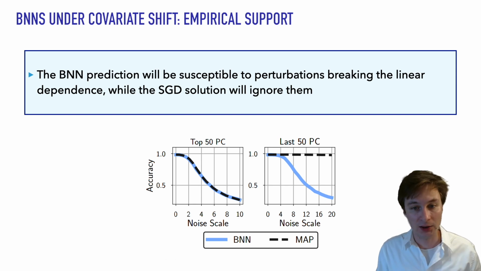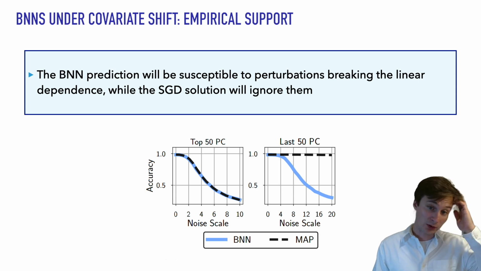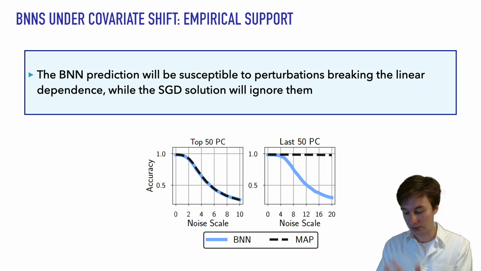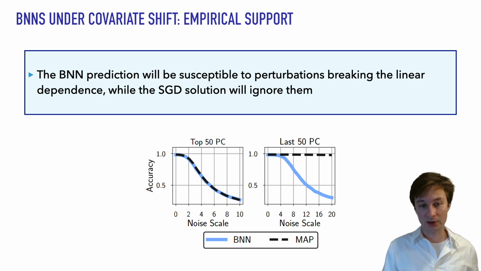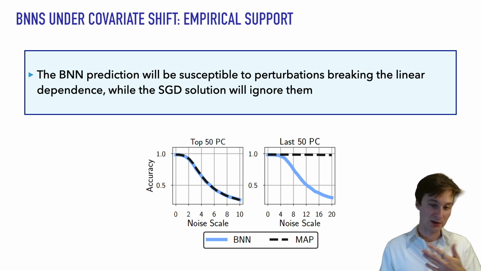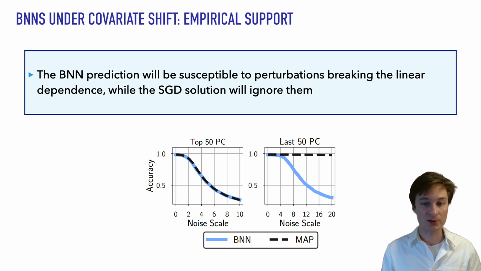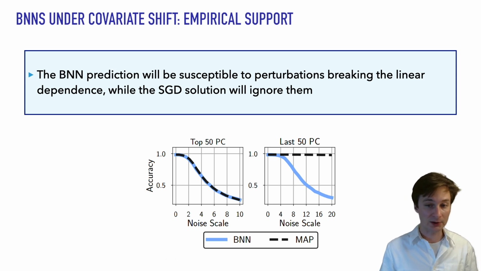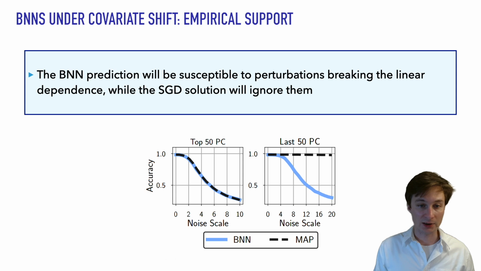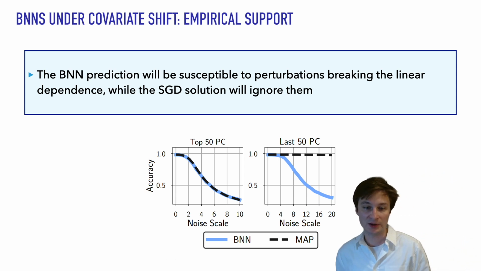And also, if we perturb the data along the first 50 PCA components, so along the directions where there was high variability in the data to begin with, then we see very similar performance between the BNN and the SGD solution. So we use MAP here to refer to the SGD solution, that's maximum a posteriori. So again, when we perturb the data along the high variance directions, we don't see this difference between SGD and the Bayesian neural nets.